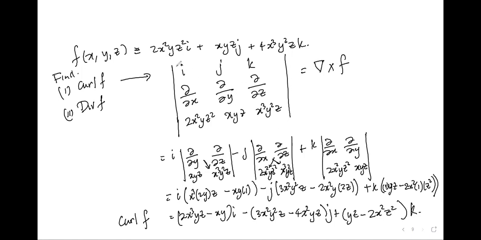I'm assuming that you partially differentiate this from the main equation. No, I know that. But the figures below the i, j, and k, where did you get those?